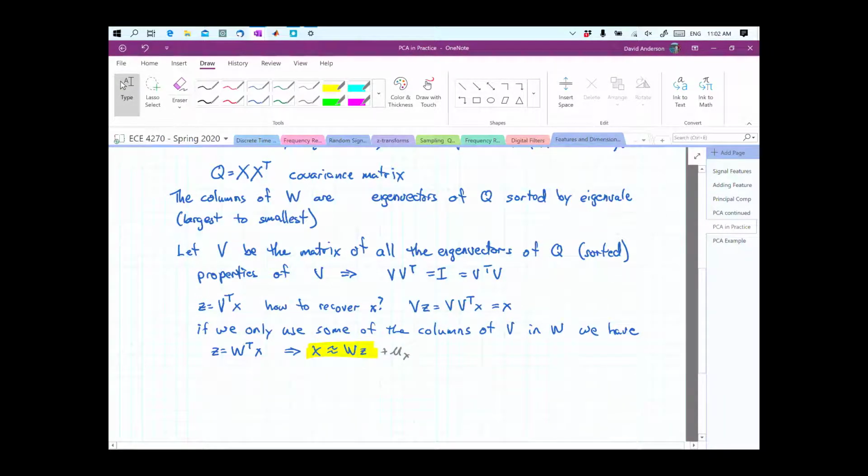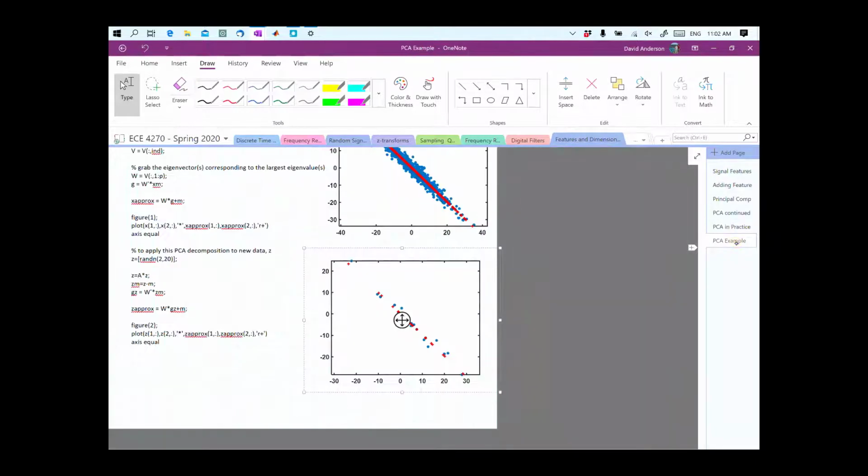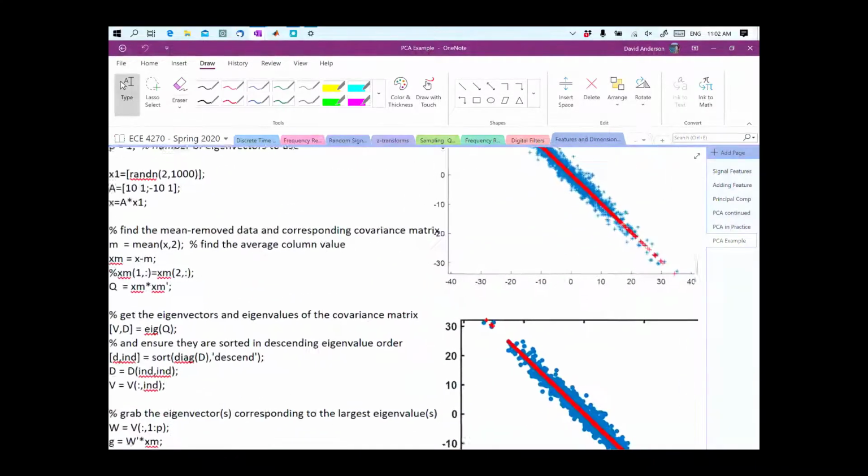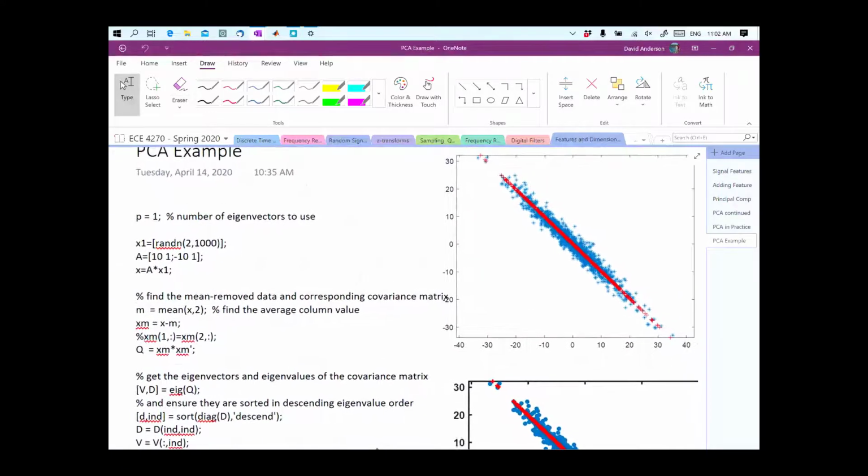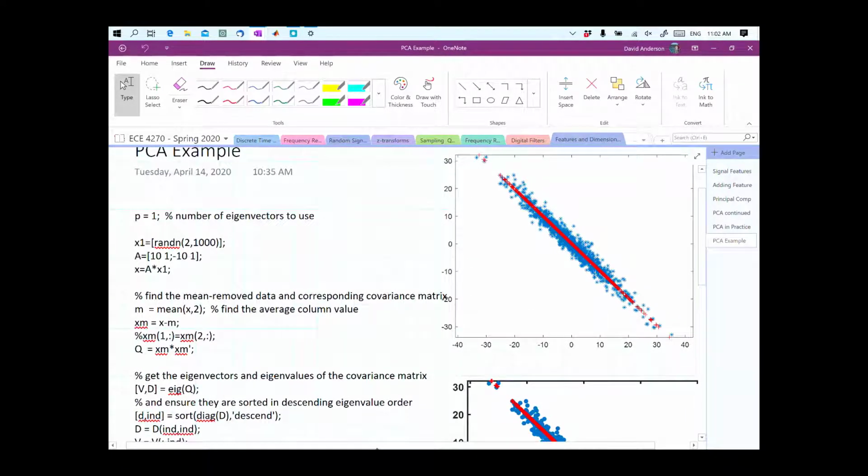Okay, so let's put this into practice. I've got some MATLAB code that I've generated, and I've already run it to speed things up. I'll talk through it as we go. So we have 1,000 samples of two-dimensional data, and you can see them plotted over here in blue.